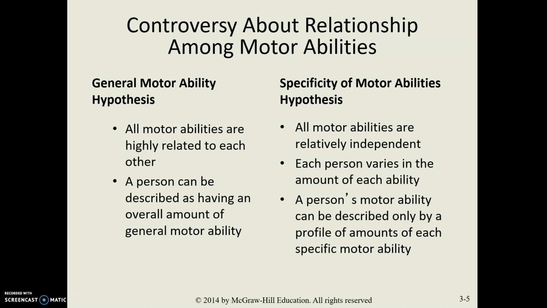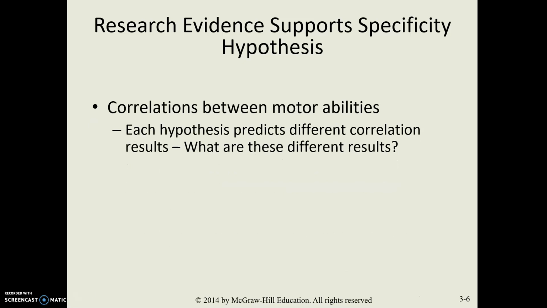Again, you might have your own general feelings here, but let's see what the research supports. The research does support the specificity hypothesis. As they've done correlational studies between different motor abilities, they have found that those correlations are not high. In fact, in many cases, they have very little relationship one to the other.